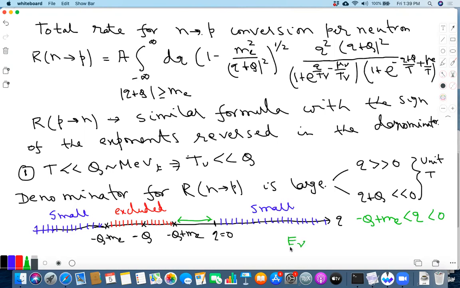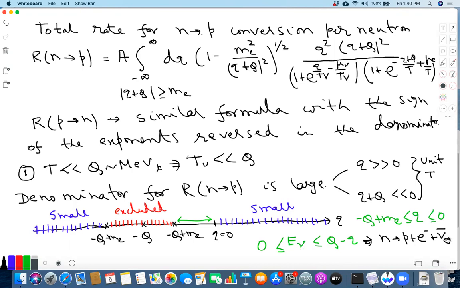So E nu lies between 0 and Q minus m_e. And this you can easily recognize as corresponding to the decay channel, n goes to p plus e minus plus nu e bar. This is the region that corresponds to this range of q, or equivalently this range of E nu.